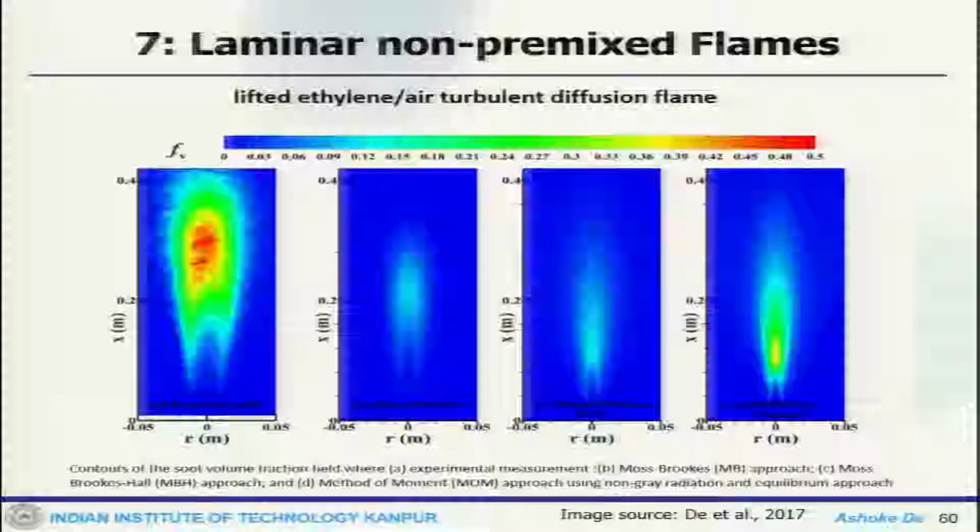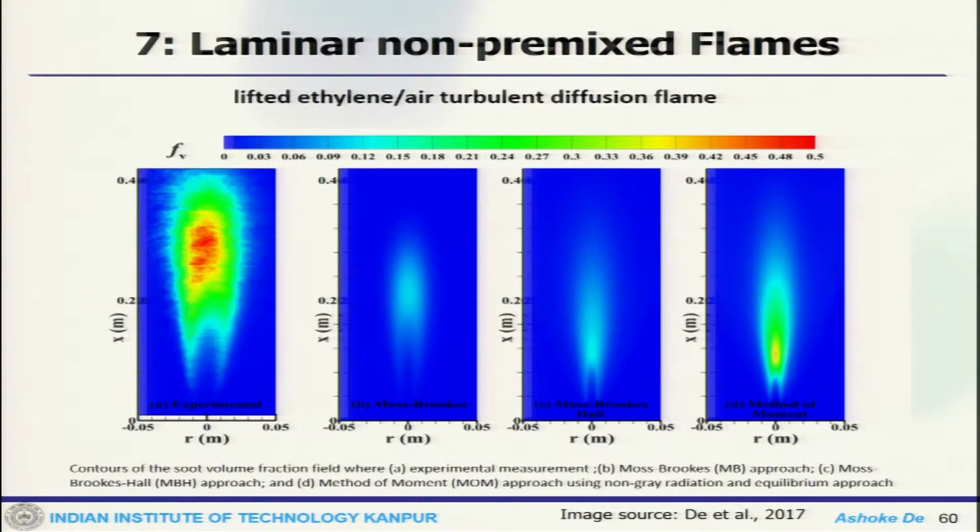Just to give you an idea, a lot of computational effort has gone into the prediction of soot. There are different models. Say one lifted ethylene air flame, where this is the experimentally observed soot volume fraction, and this is how one can computationally obtain it. This is another area which requires a lot of attention, especially under turbulent conditions where you get soot.